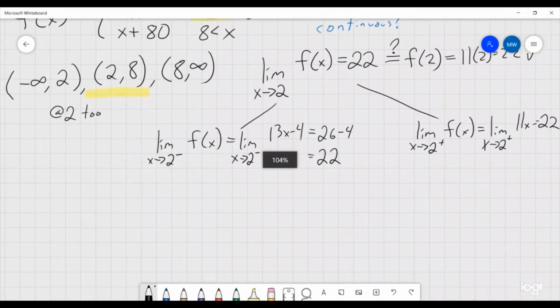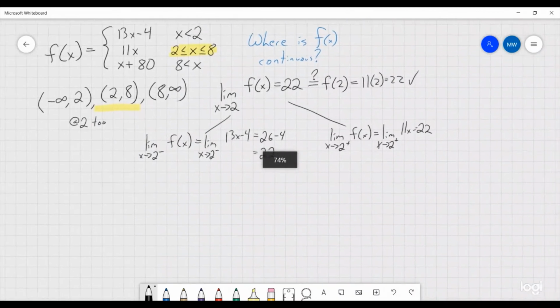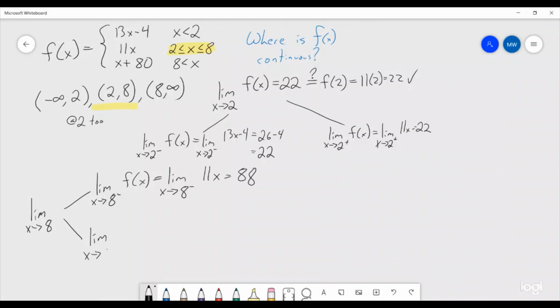What we then need to look at is the limit as x approaches 8. The limit as x goes to 8 from the left of f of x is going to be the limit as x goes to 8 from the left of 11x. So that's going to be 88. And we check, is that equal to the limit as x goes to 8 from the right?